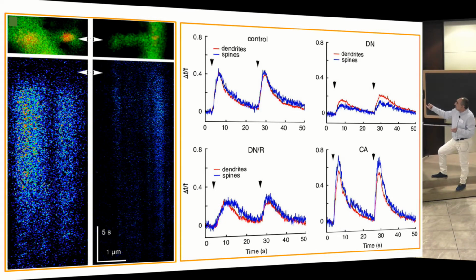This is dominant negative. Still some responses because we have a portion of natural ORI. We didn't knock out the natural one, but responses go down. Rescue, like co-transfection with the normal one, recovers it partly, and constitutively active gives good responses.